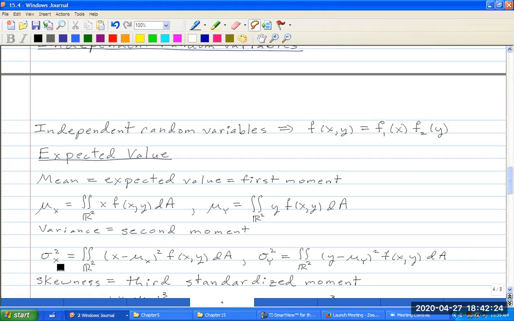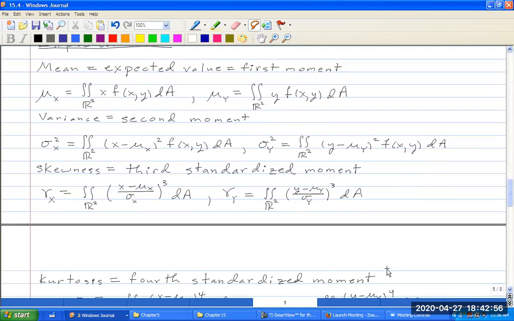So sigma squared of x is the double integral of x minus mu sub x quantity squared times f. Sigma squared of y is the integral of y minus mu sub y quantity squared times the probability density function f.